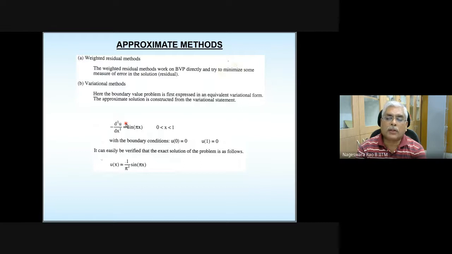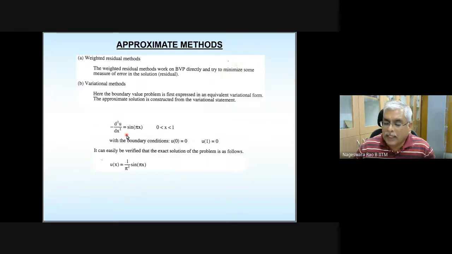If U is approximate, residue or error is going to be there. I'm going to find the approximate solution in such a way that that error is minimized. So that is the overall concept that we are going to apply in the weighted residual methods.